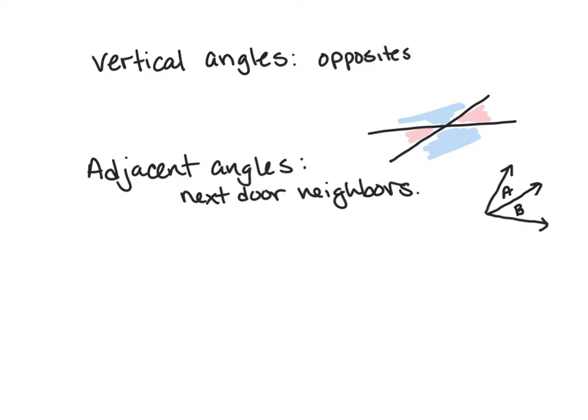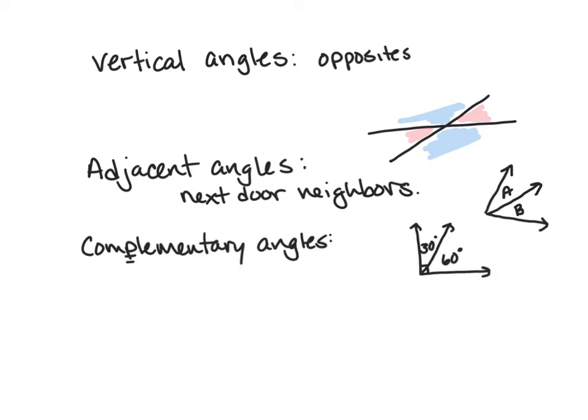Those are adjacent angles. Complementary angles are when you have two adjacent angles next to each other, and if you were to add their two measures together, they add up to a right angle, a 90-degree angle. So whatever this angle plus this angle is, if it adds to 90 degrees, they are called complementary angles.